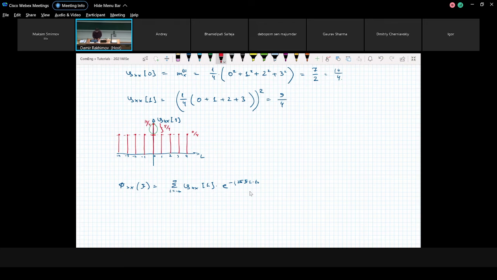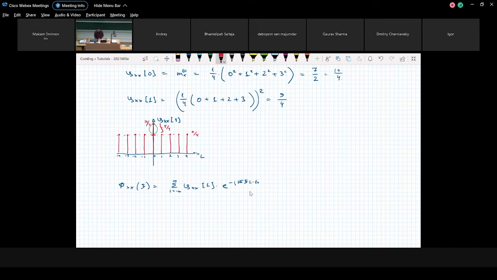Then actually you can observe something interesting: you have this sequence of delta pulses, a sequence of delta pulses in discrete time. If you calculate the inverse Fourier transform of a sequence of discrete pulses from discrete time to the frequency domain, what do you get?